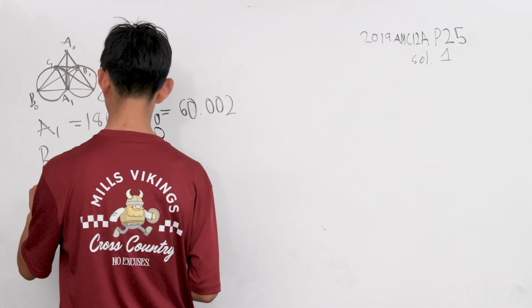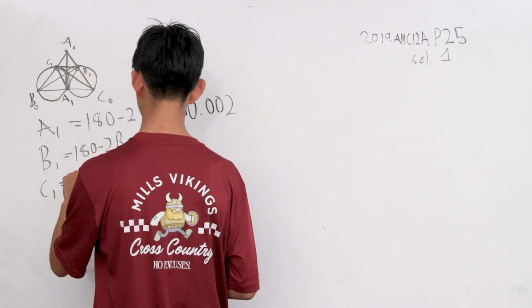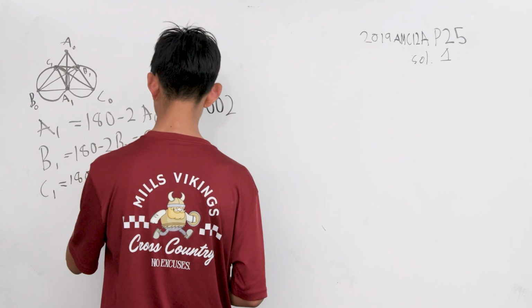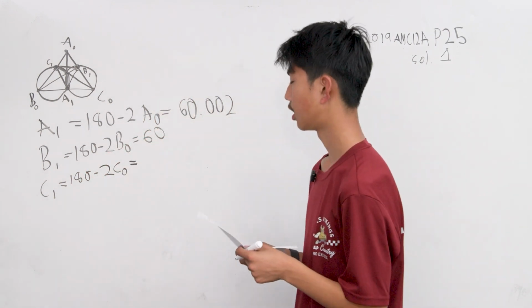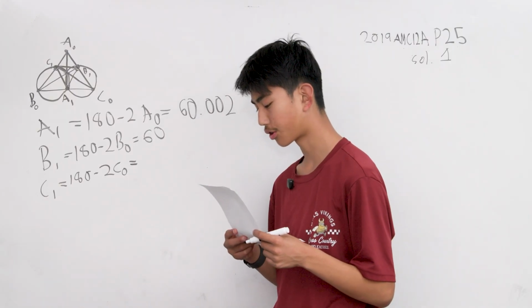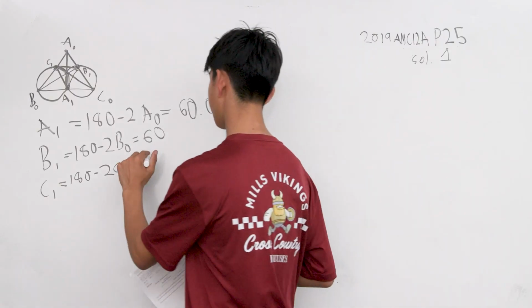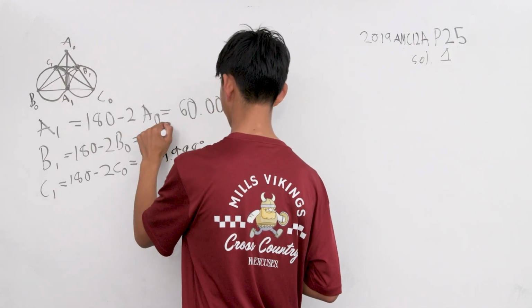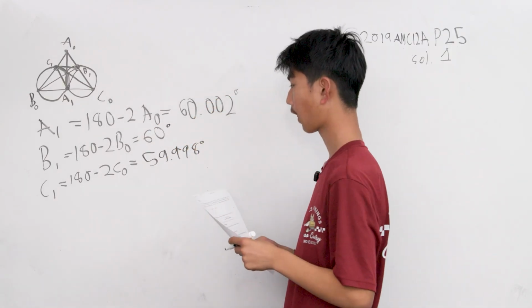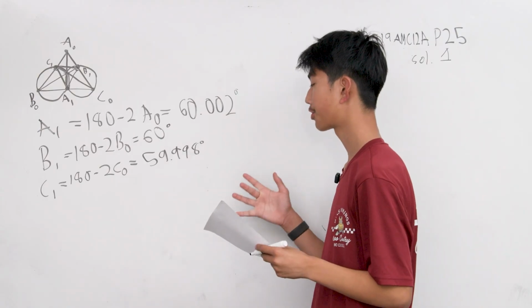And then C sub 1 gets whatever's left. C naught is 60.001 degrees, so this would be 59.998 degrees. So here we have our degree measures.